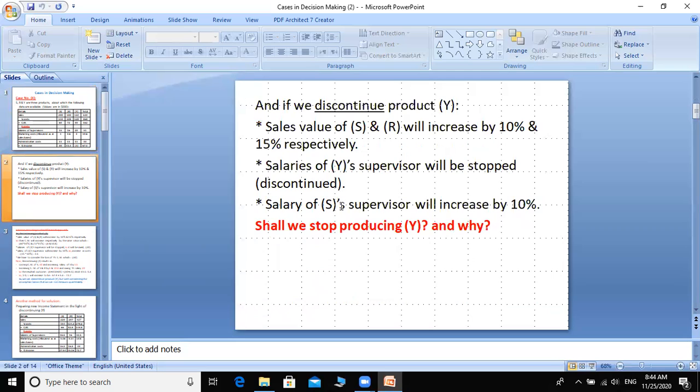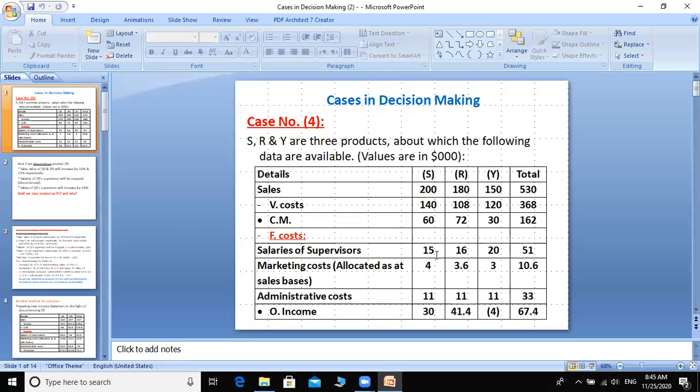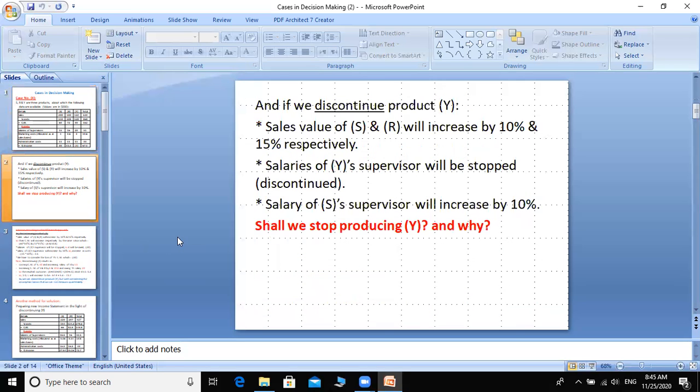The salary of S supervisor will increase by 10%. The salary of S supervisor, that is the 15, will be increased by 10%. So now he told me if we discontinue Y, the following will happen. Sales of S will increase 10%.